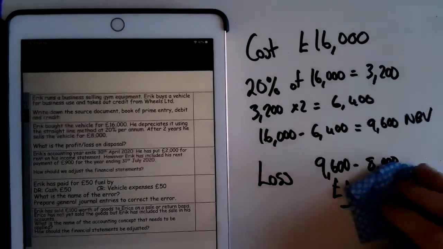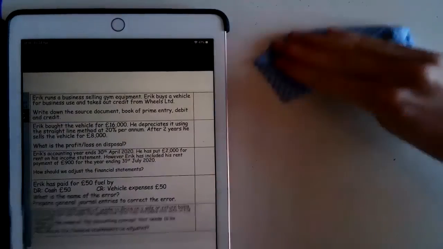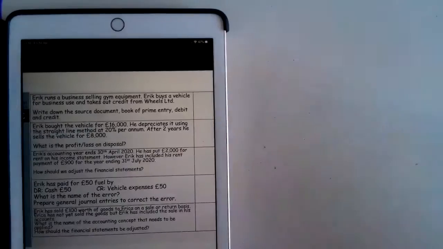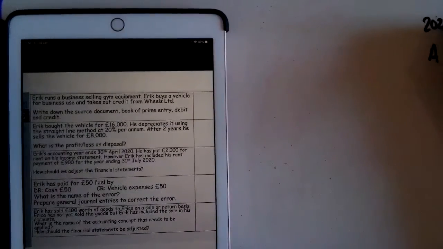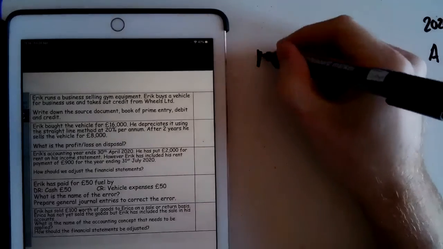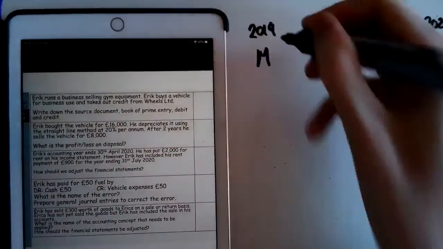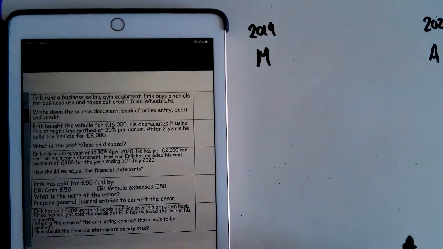Okay, third one. Eric's accounting year ends 30th of April 2020. So I've got April 2020. So that means it began May 2019. He's put £2,000 for rent on his income statement. So that means he's paid £2,000 rent on the income statement.